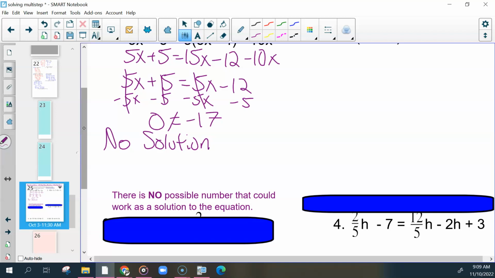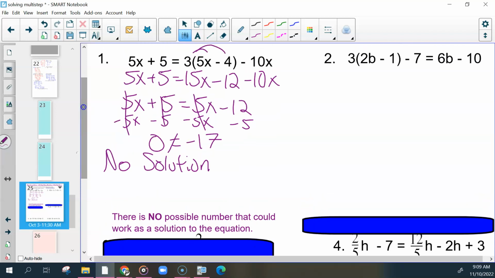Now, you could get no solution by accident, so you have to be careful. One way you could tell without solving it completely is the similarities and differences we were talking about earlier.